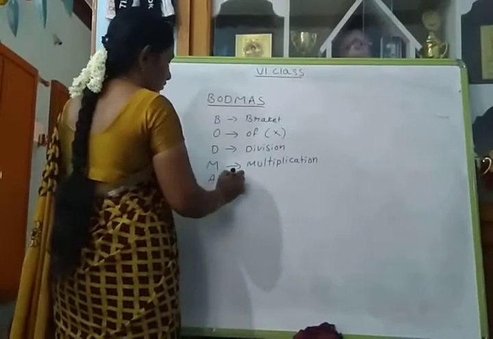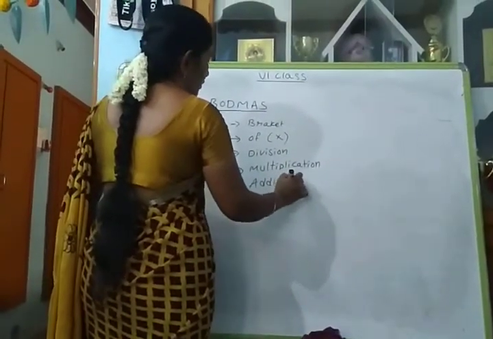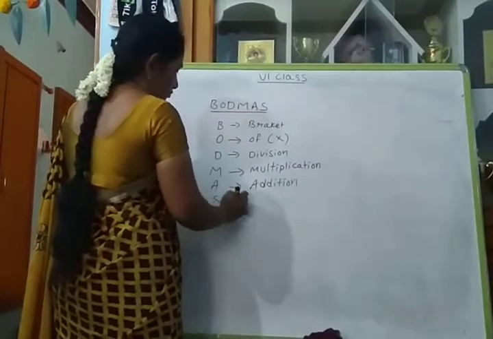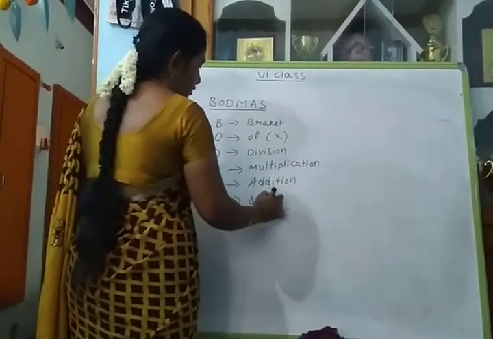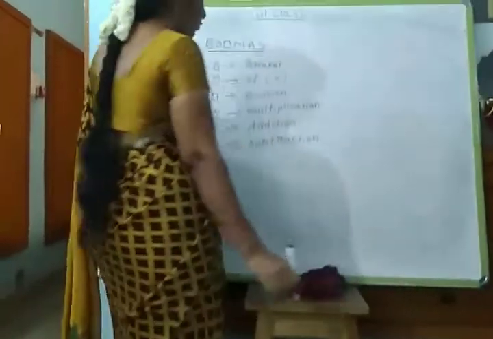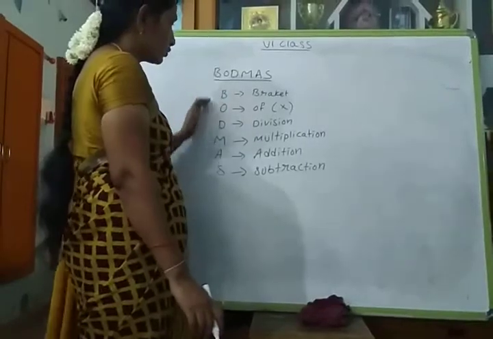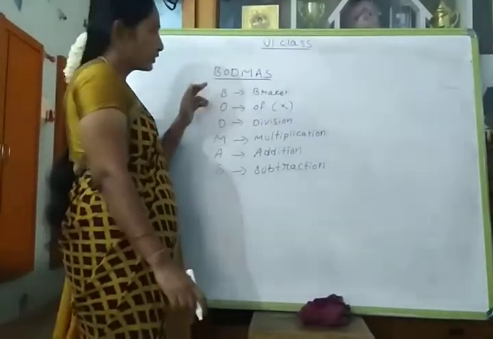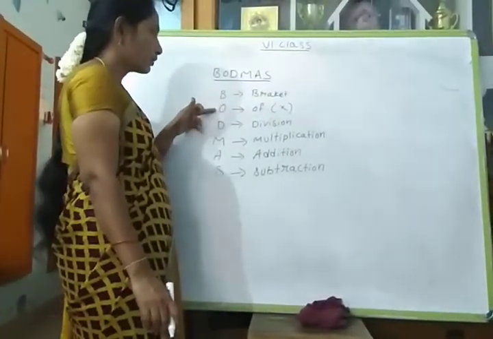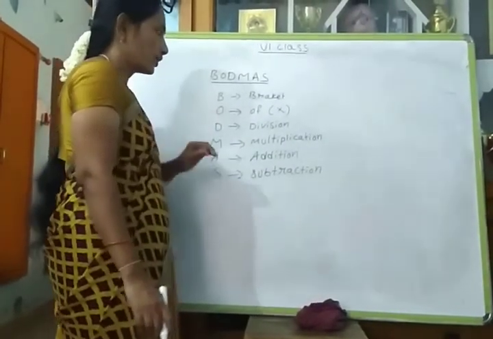A for addition. S for subtraction. When we are simplifying numerical expressions, you have to go in this order. First we have to remove the bracket, after that we do of, then division, multiplication, addition, subtraction.